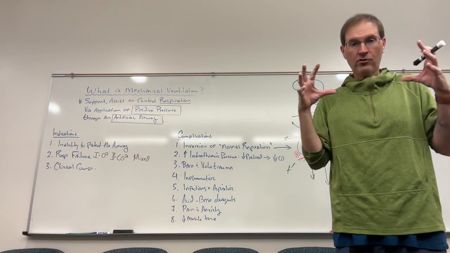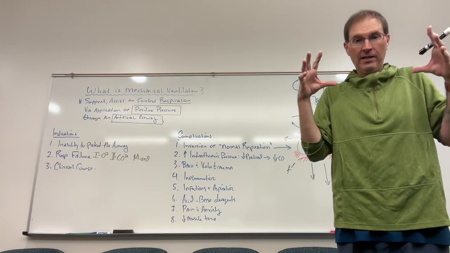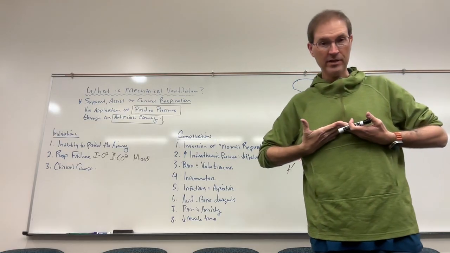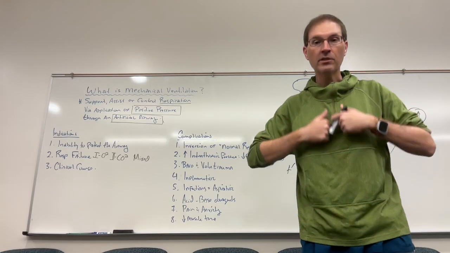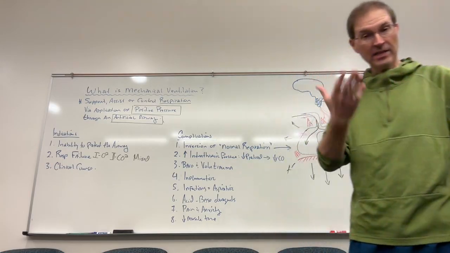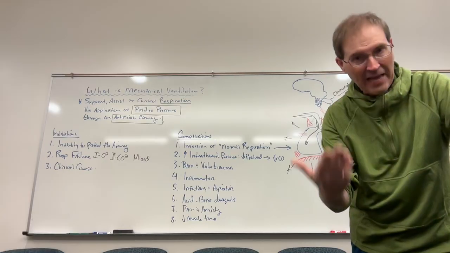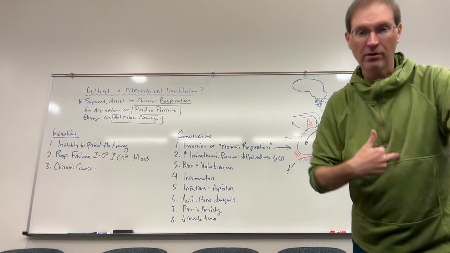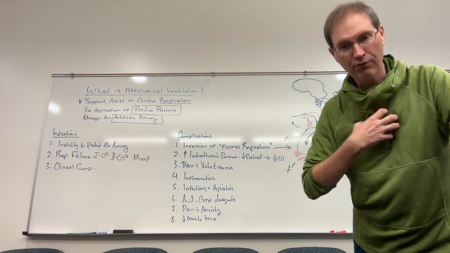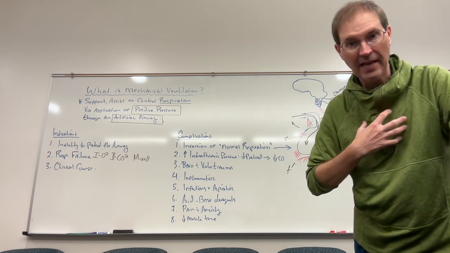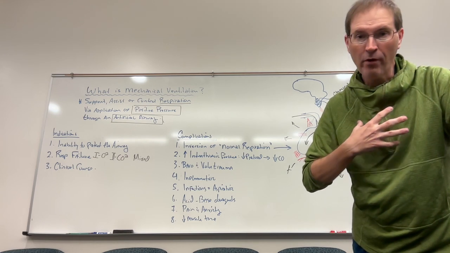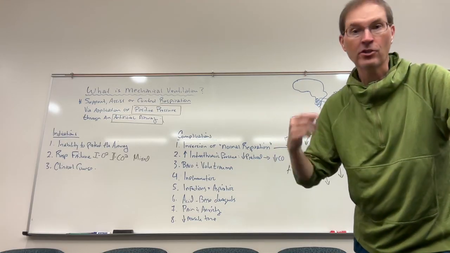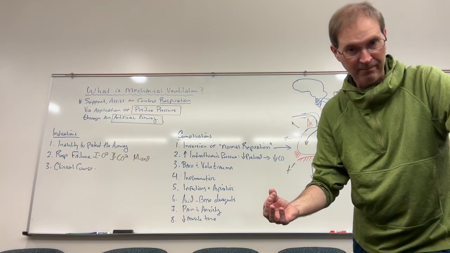There is some natural recoil, some natural elasticity, and the lungs are going to shrink, and the pressure is going to increase, and the volume will decrease, and then you will exhale. So exhalation is primarily a passive process, whereas inhalation is an active process, but it is a negative pressure mechanism. That is to say that the pressure in your thoracic cavity is less than atmospheric pressure during inspiration.